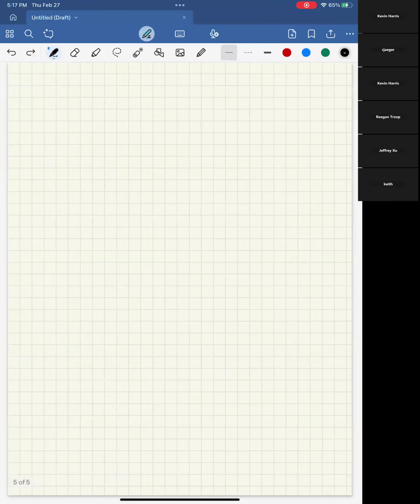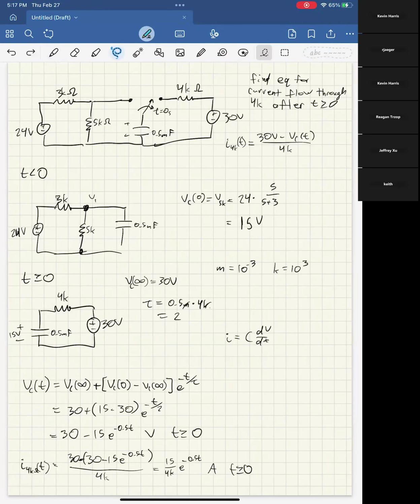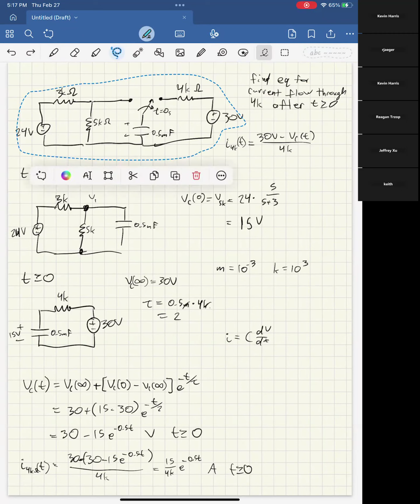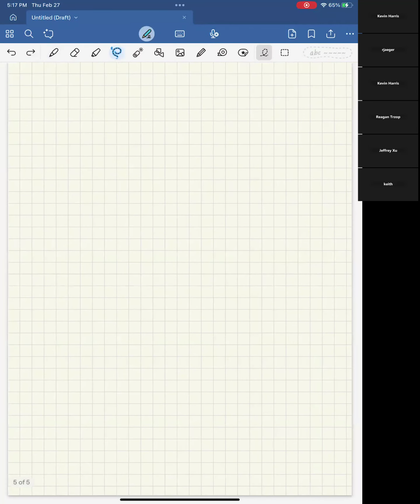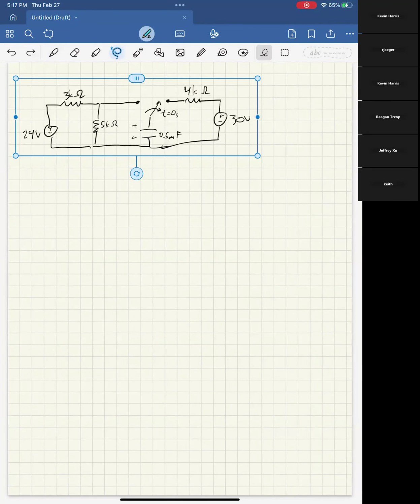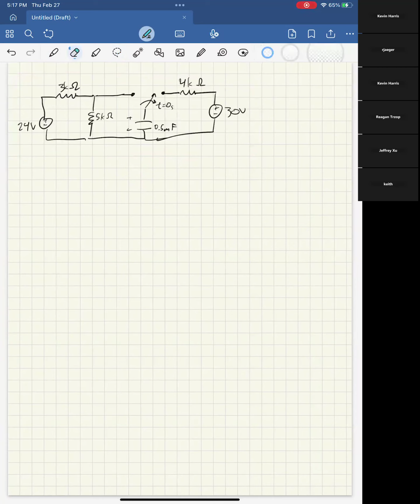For your question as to whether the VC of infinity will always be the voltage source: not necessarily. Say the circuit looked like this, with a 2K here.